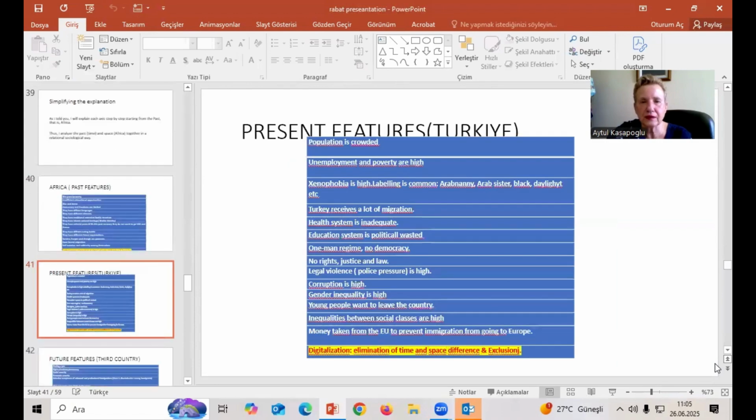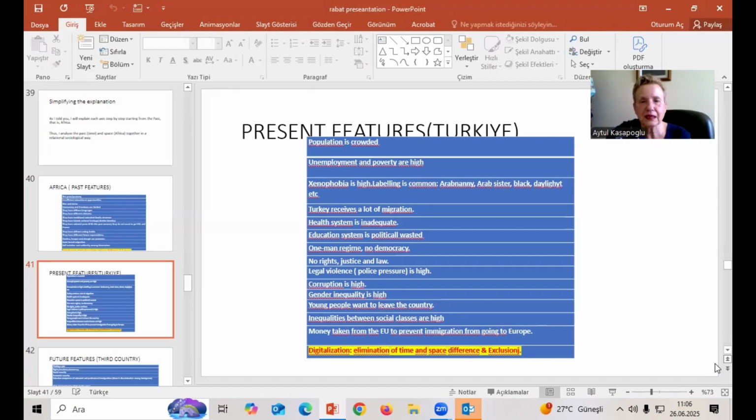Present features, I mean, in Turkey: the population is crowded, unemployment and poverty are high, and labeling is common, like Arab nanny, Arab sister, black daylight, etc. Turkey receives a lot of migration, the health system is inadequate, the education system is politically vested, there is a one-man regime.